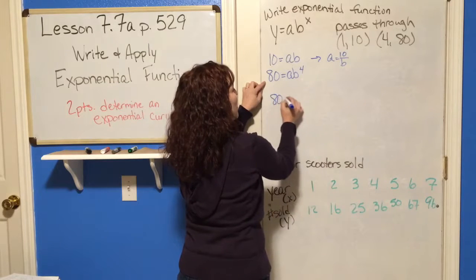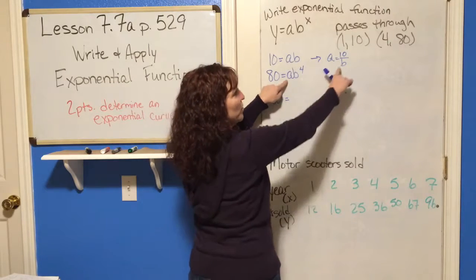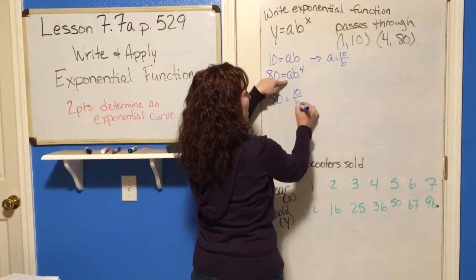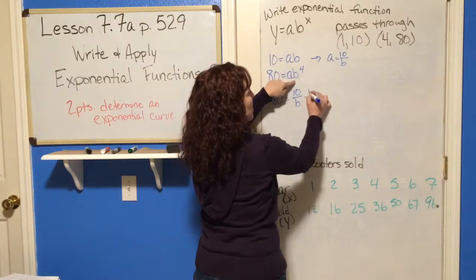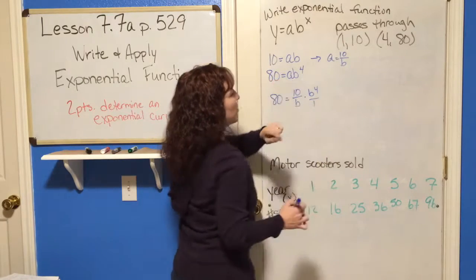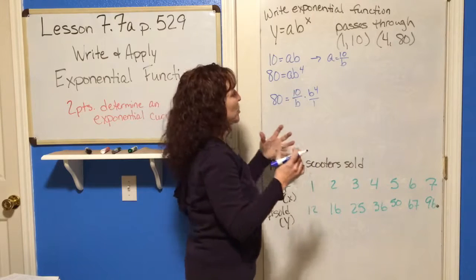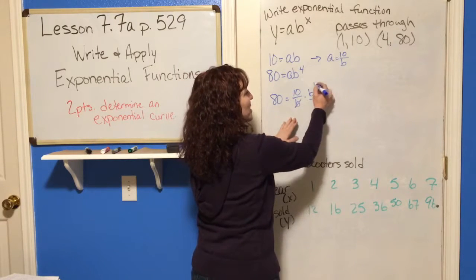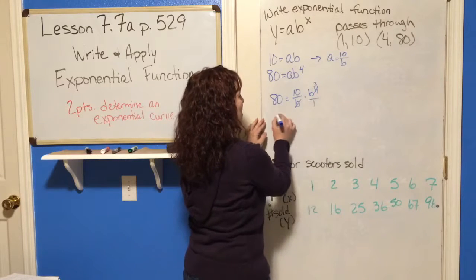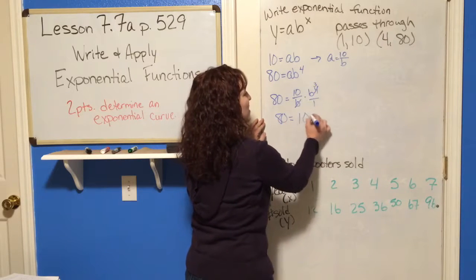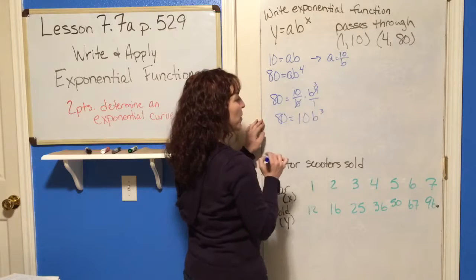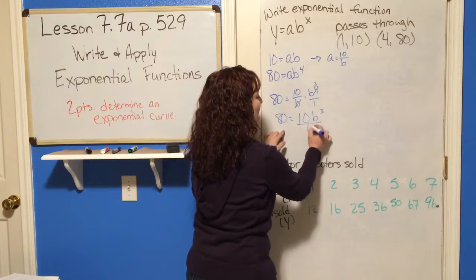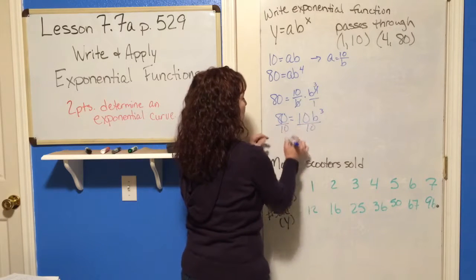So we have 80 equals a, and we plug in 10 divided by b, times b to the 4th. You can put that over 1 if it makes it easier to see the multiplication. Now we can reduce this down, and so 80 equals 10b to the 3rd power. Divide both sides by 10 to get the b by itself.